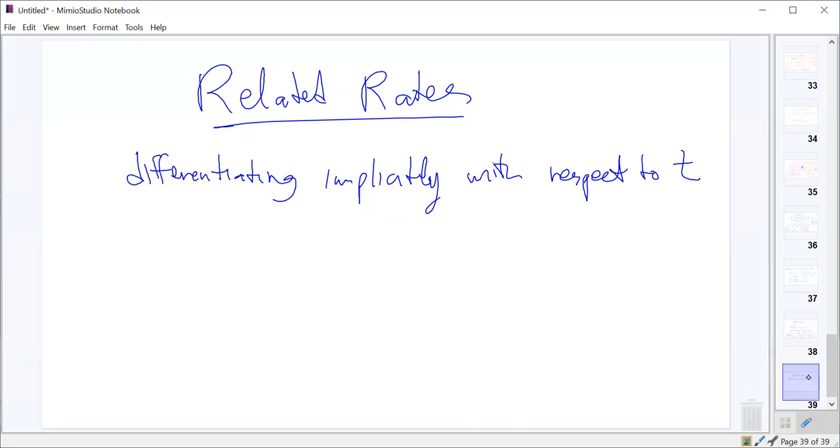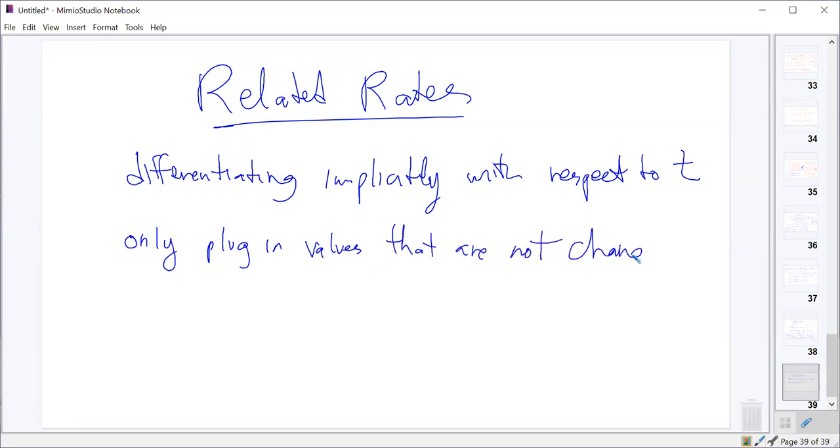And you want to recognize that you can only plug in values that are not changing before taking your derivative. If you plug in values that are changing before you take the derivative, you will get the wrong answer 100% of the time. So only plug in values that are not changing before you take the derivative. Everybody good with that?